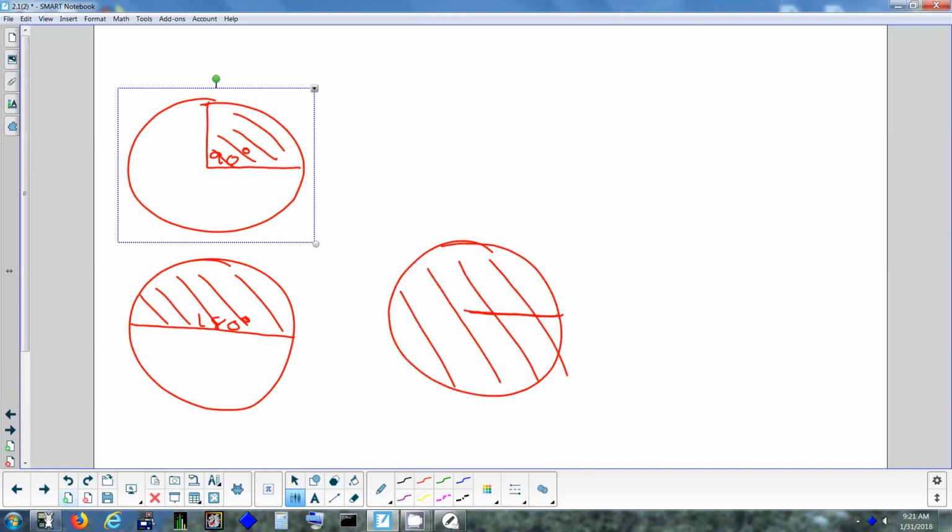What would be the size of the angle in the circle that would take up all of it? 360 degrees, which is the same as what in radians? 2 pi. So that's going to be our starting fact.